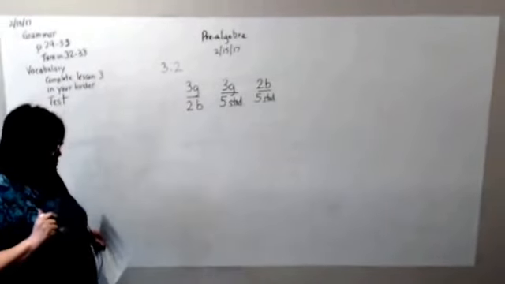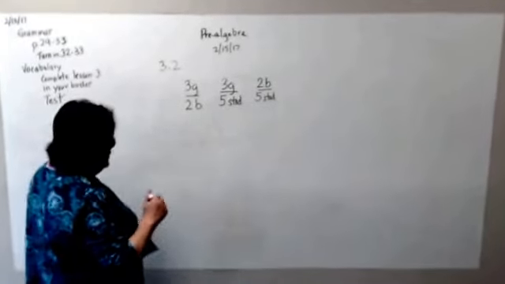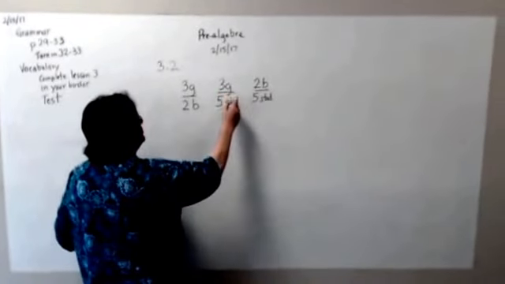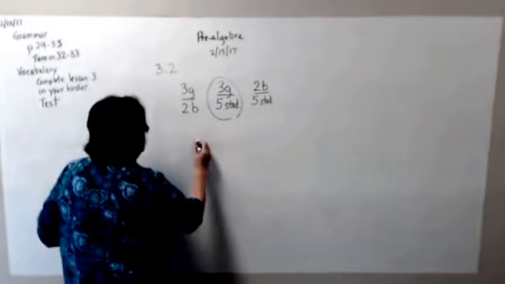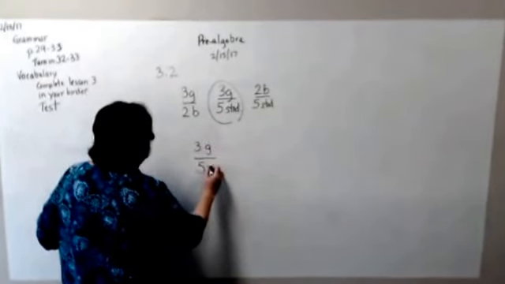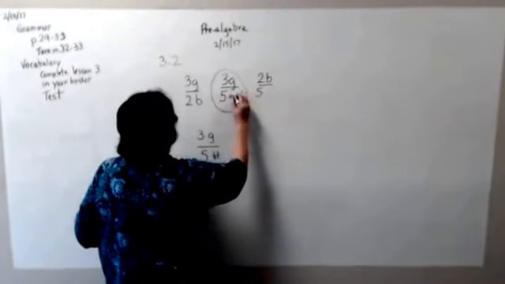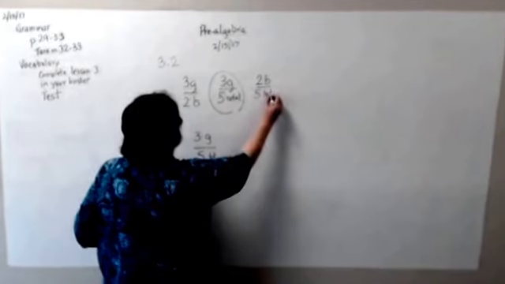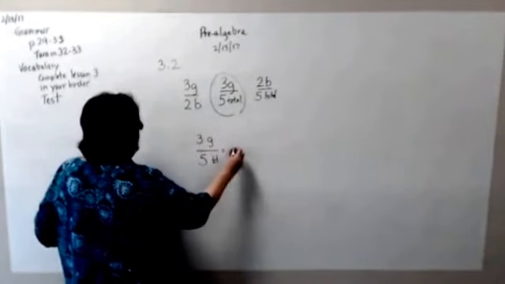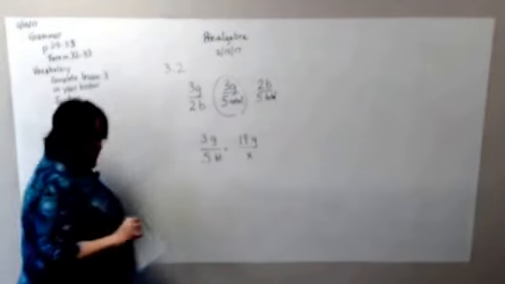Which one am I going to use? 3 over 5. That's right, because this compares girls to total here. If I have 3 girls for every 5 total students, I'll call this total. If I have 18 girls, how many total do I have?